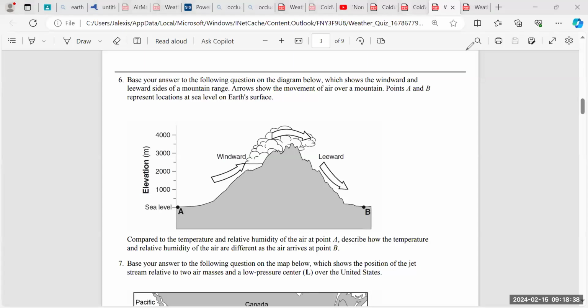All right, number 6, it says, compared to the temperature and relative humidity of the air at point A, describe how the temperature and relative humidity of the air are different as the air arrives at point B. So when I'm looking at a comparison question, I'm always looking to make sure that I'm looking at the last part of the question.